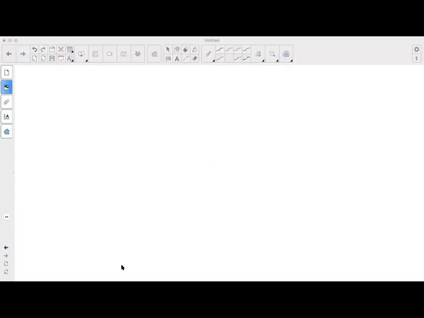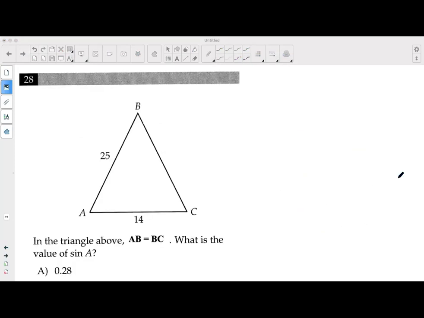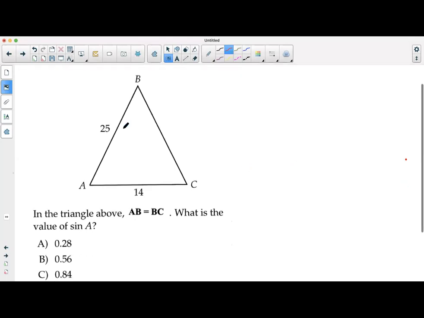All right, now next. Number 28. AB and then BC. Okay, these are isosceles triangles. What's the value of sine of A?